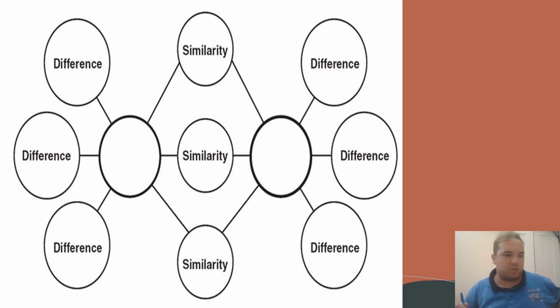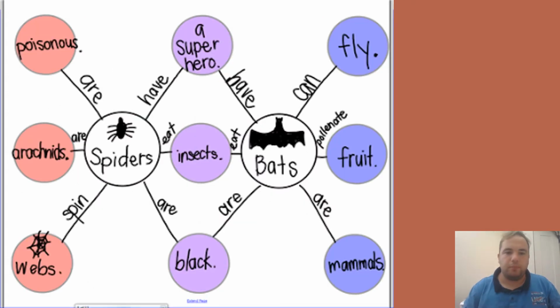So say you're looking at the Saar plebiscite and Anschluss. You'd look at the differences, and then in the middle bubbles you'd write down some ways in which these events are similar. A nice, really simple, basic example is this one with spiders and bats. What's unique to bats in this case is that they fly, they pollinate fruit, and they are mammals.